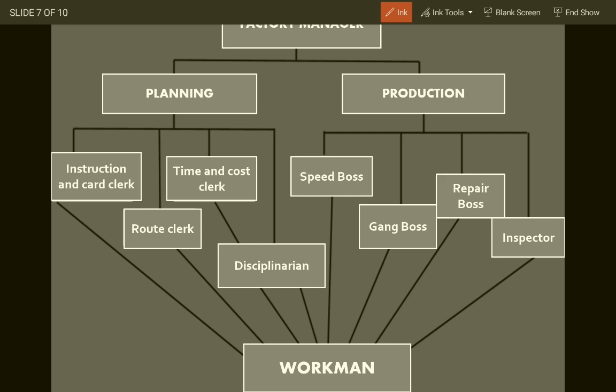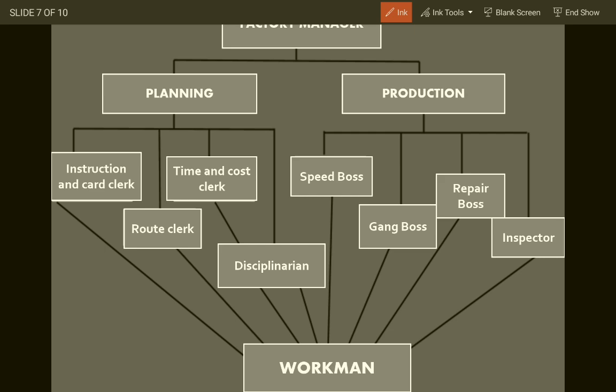In the planning department we have the instruction card clerk. The instruction card clerk is responsible for providing instructions: where the work will take place, what the work will be, what the timing will be, what the procedure will be.